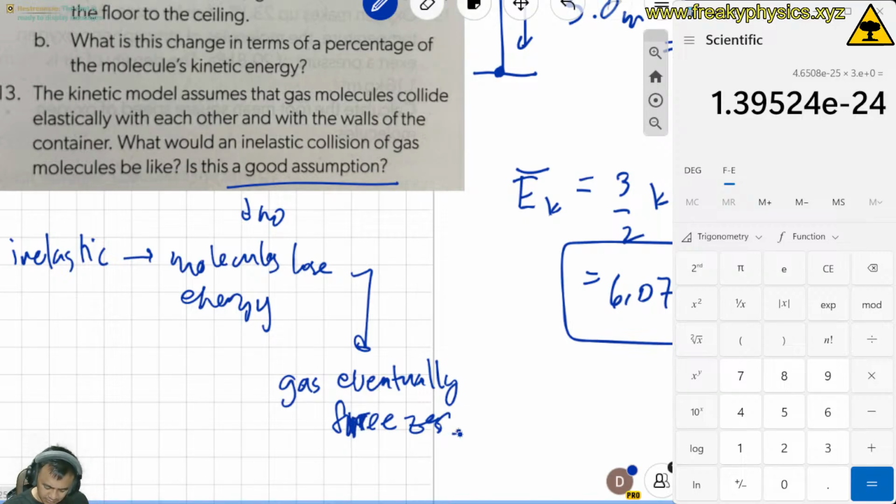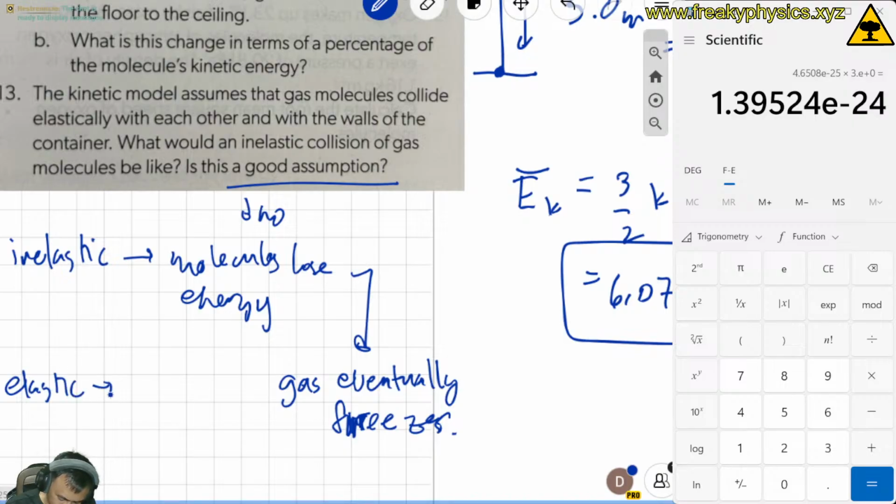Okay. So even if the energy was conserved, if the gas loses the energy, then the gas should freeze, and that doesn't happen. If energy were conserved, then it goes into the idea that it's elastic.